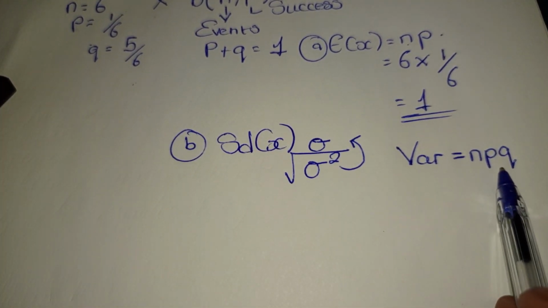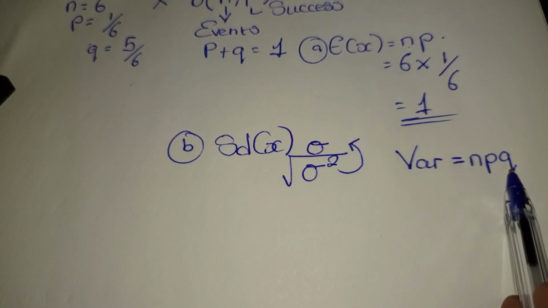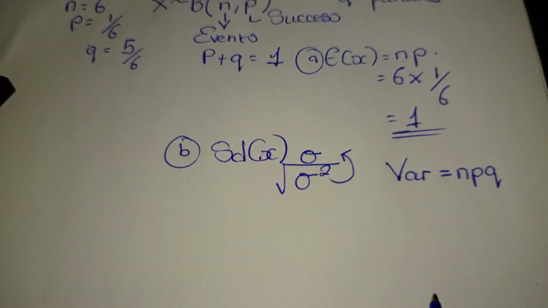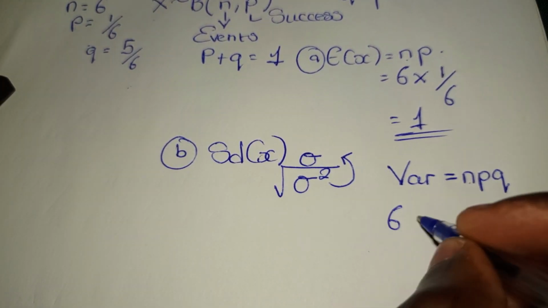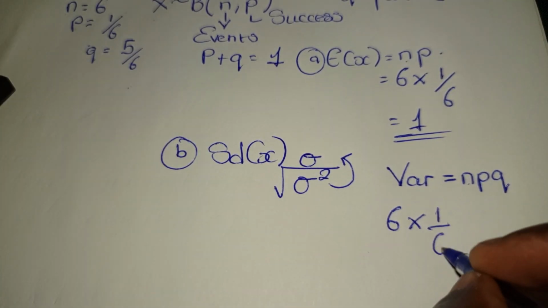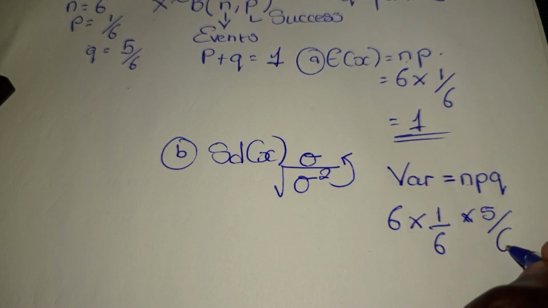N times P times Q, where P is the probability of success and Q is the probability of failure. So N is the number of events, which is 6, times the probability of success, 1 over 6, times the probability of failure, which is 5 over 6.